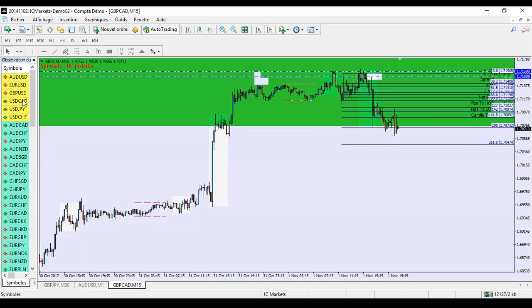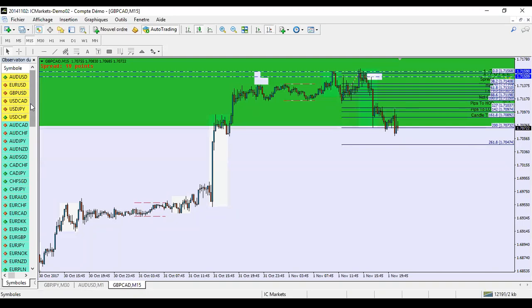So Euro with NZD, no, that's not for me. That's because I'm searching for the most stable pairs, the ones that have the most algorithmic patterns, the ones that you can read the right way and understand their behavior.